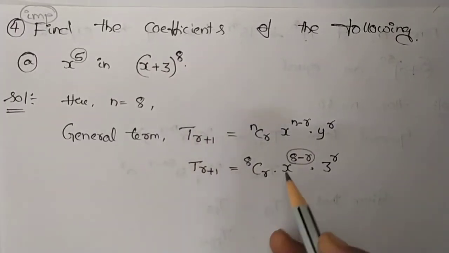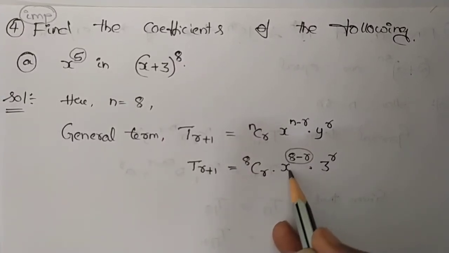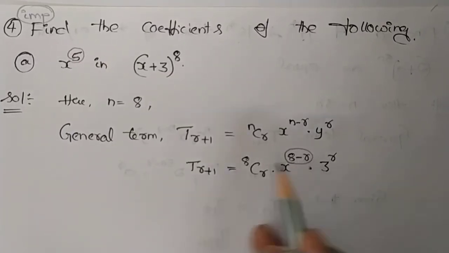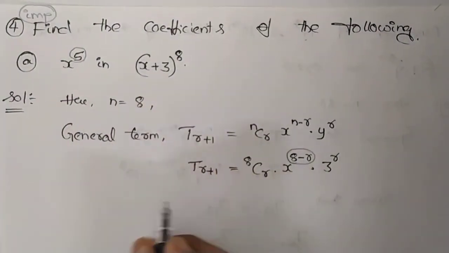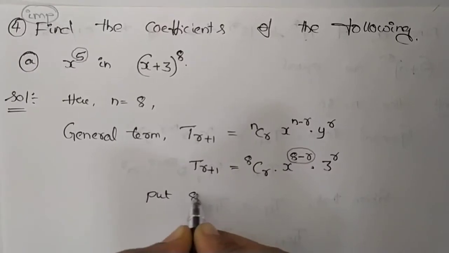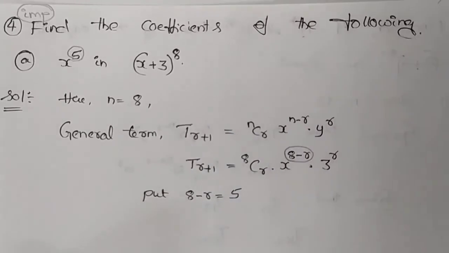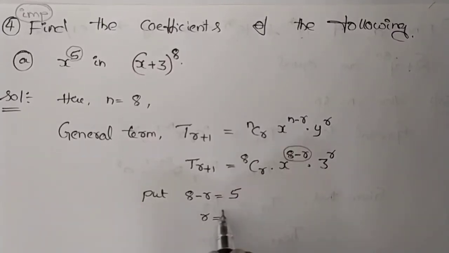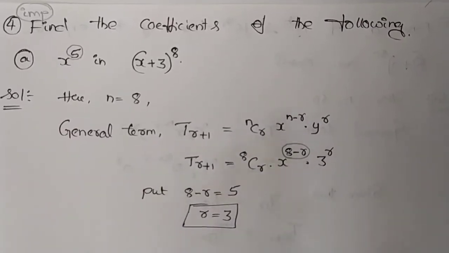Next step, we compare the powers of x: x power 8 minus r, x power 5. Put 8 minus r equals 5. Now r equals 8 minus 5, which is 3. Therefore the r value is 3.